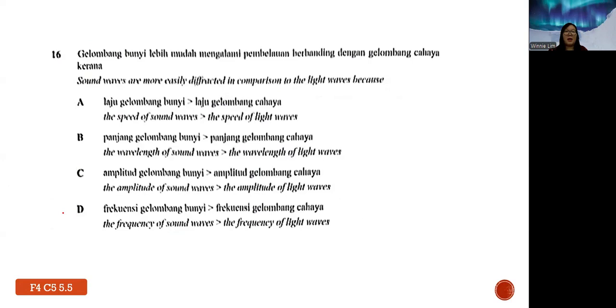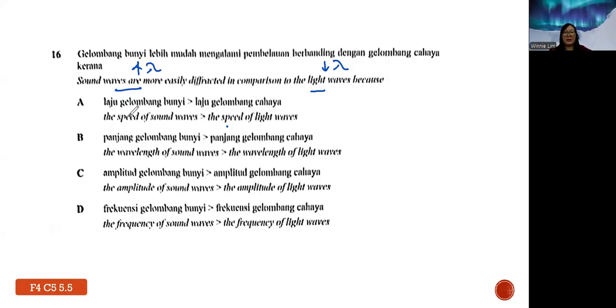Number 16, sound waves are more easily diffracted in comparison to the light wave because, generally, the wavelength of the sound wave is longer. Sound wave has longer wavelength, whereas light has shorter wavelength.